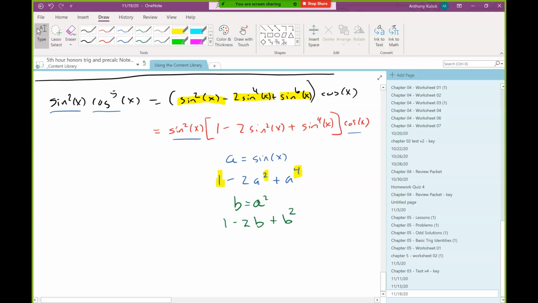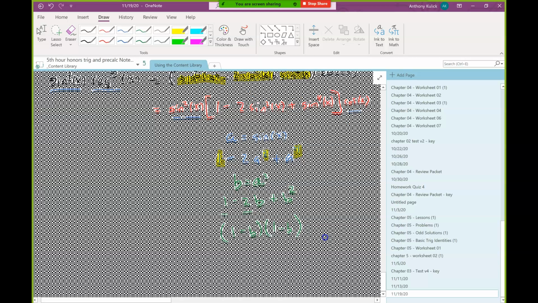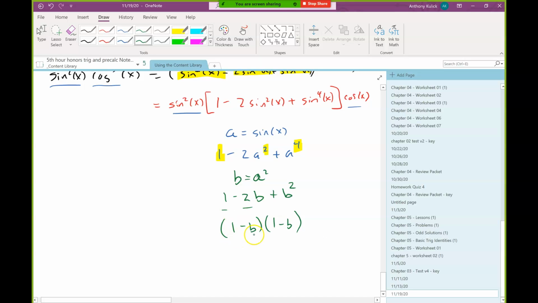So this is now definitely quadratic, and it's definitely something I can factor. I just need to find two things that multiply to give me 1 and add to give me -2. Well, that's just -1 and -1. So I can write this as 1 minus b times 1 minus b. And again, we're not trying to factor for b's, so that's really 1 minus a squared times 1 minus a squared, because b is equal to a squared.